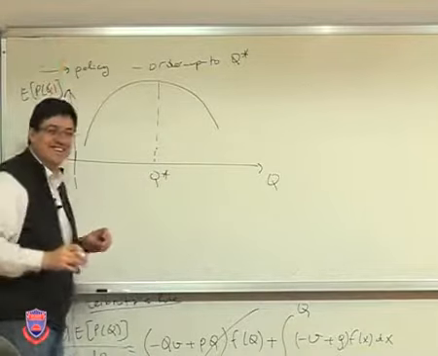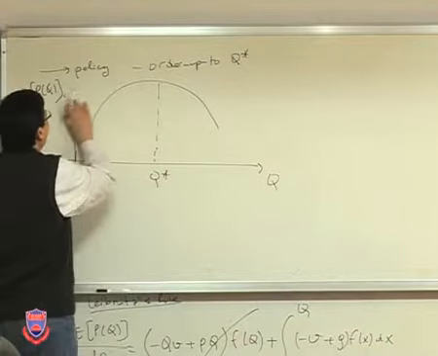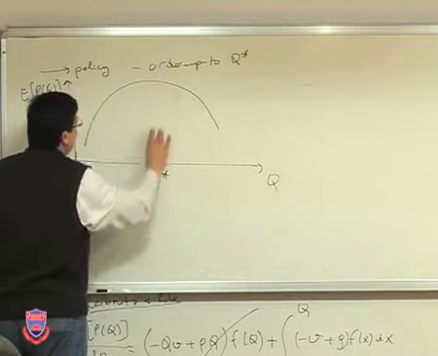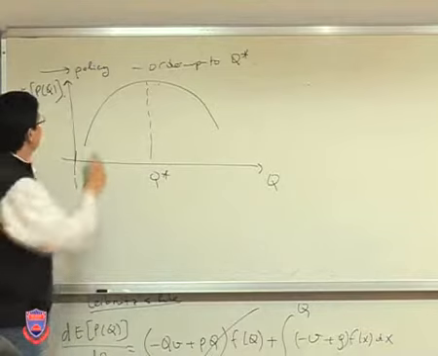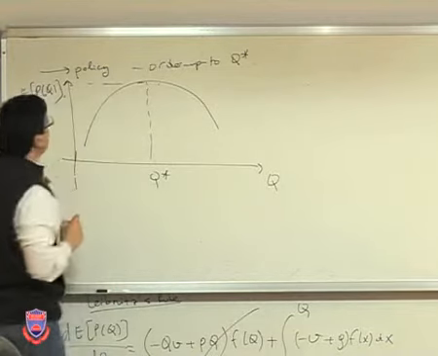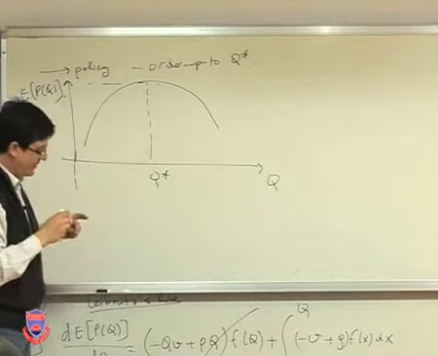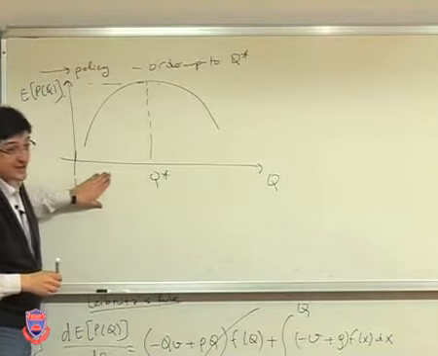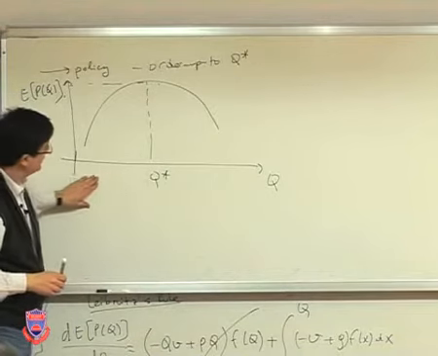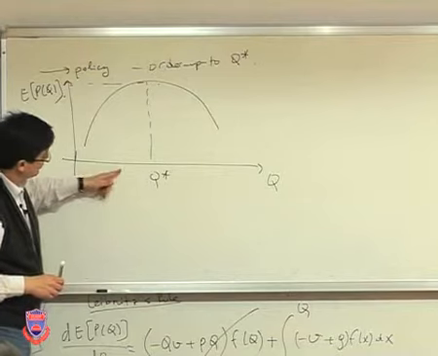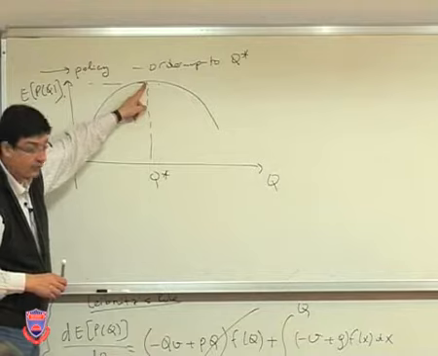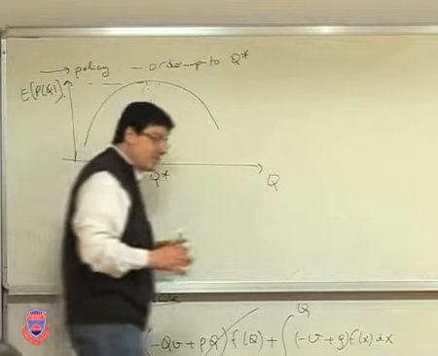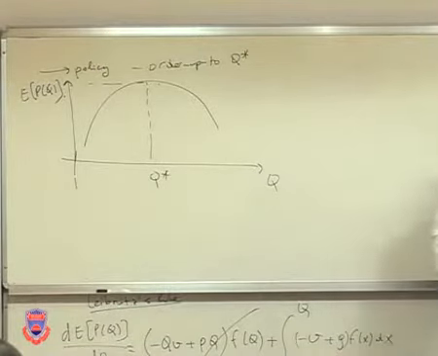Somebody immediately raised his hand. So this is basically the Q star value, the maximizing value. If you have a starting inventory which is here, you want to shoot up to this level so that you will maximize your profit. Given the problem structure, this is going to be the optimal solution.